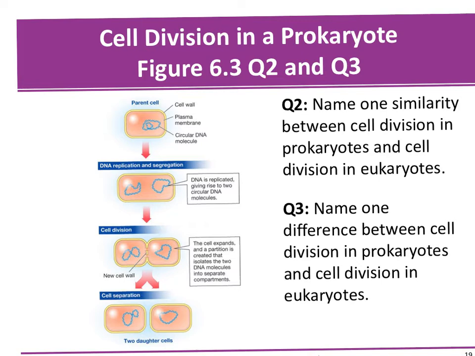They do separate the DNA, but not in a nucleus. And for reproduction, mitosis is reproduction for prokaryotes, but for eukaryotes, it can also be sexual reproduction.